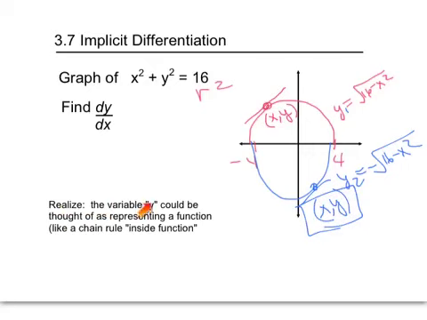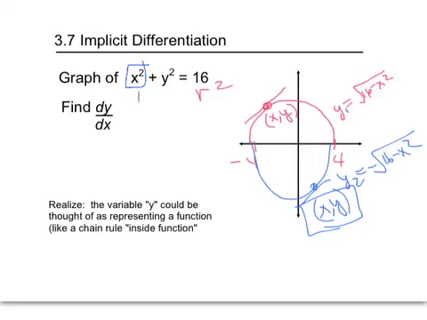What you need to realize is the variable y is going to represent our dependent variable, our f of x. And we learned in the last section, whenever you take the derivative of a function, like an inside function, you need to tack on the f prime, it's called the chain rule, to the end of it. So here's what we're going to do. We're going to take the derivative of each piece's part separately.